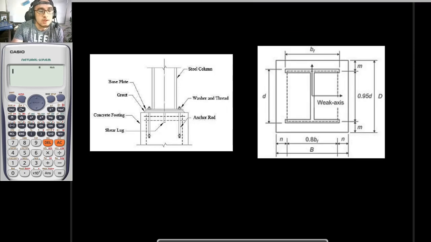Okay, next slide na agad tayo. In engineering books, this is what you would be seeing. This is the anatomy of our base plate. If this is your steel column, during our last pre-recorded lecture, we discussed the analysis and design of compression members. A steel column is the most common compression member. In your truss structures, you also have compression members, but this steel column is our example today.